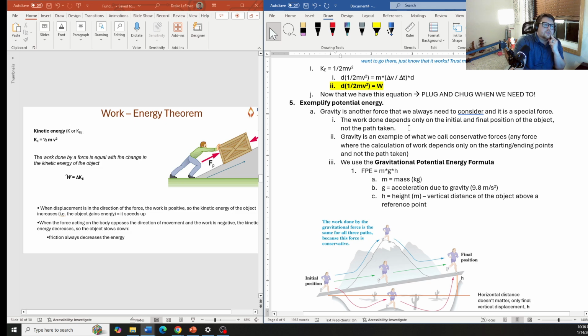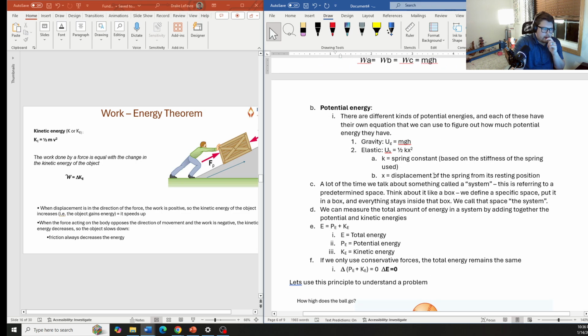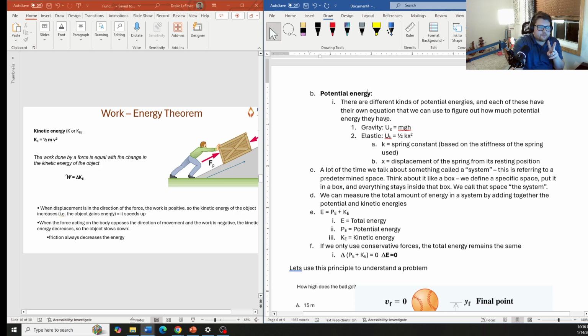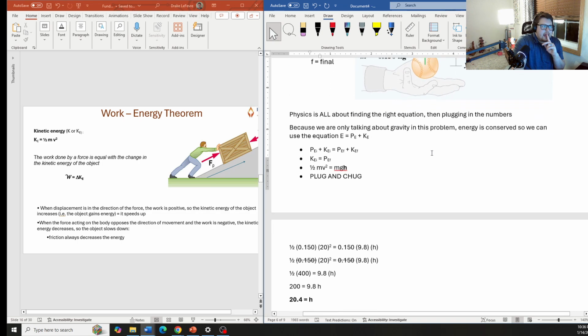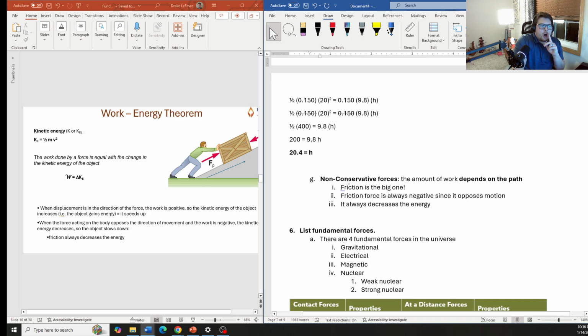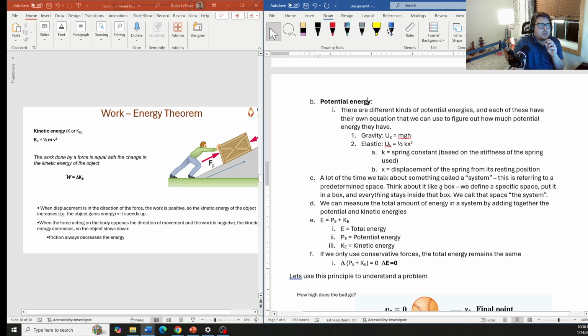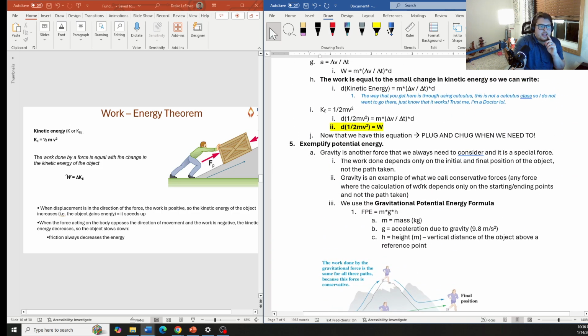Exemplifying potential energy, we're going to look at gravity, potential energy in general again, and then at non-conservative forces. So gravity is an example of what's called a conservative force.